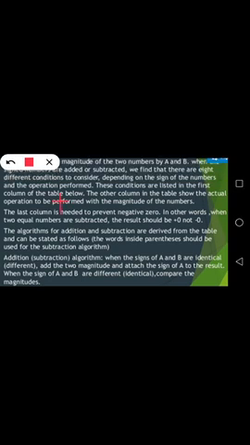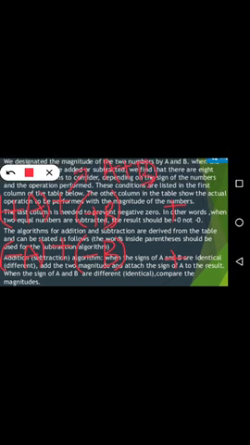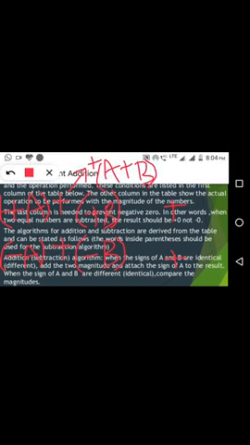Just take addition. When the sign of A and the sign of B are the same, that means it can be plus A plus B or minus A minus B. In both these cases we do addition, because plus A plus plus B, ultimately you have to perform A plus B and the sign would be plus.